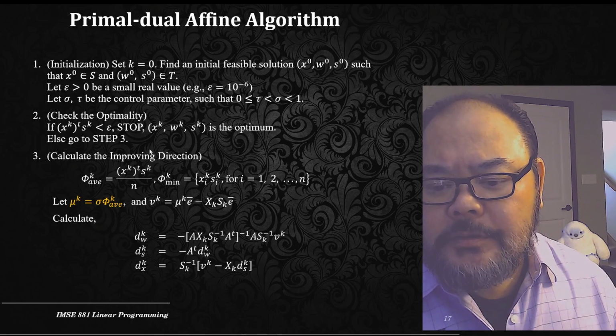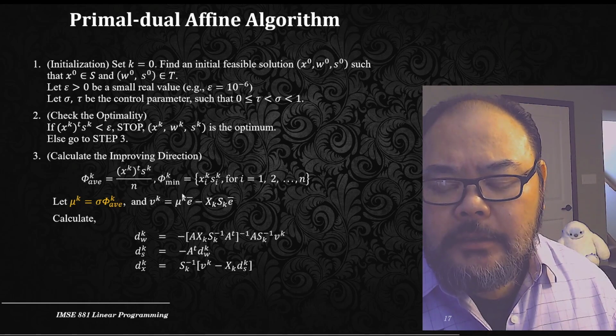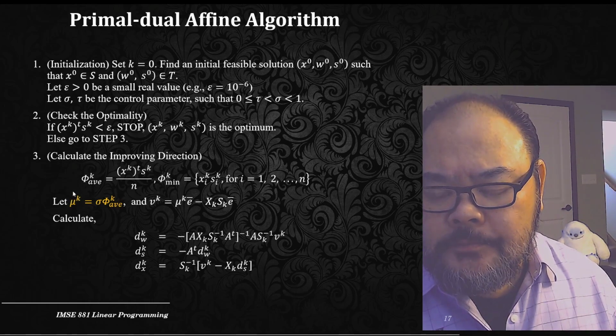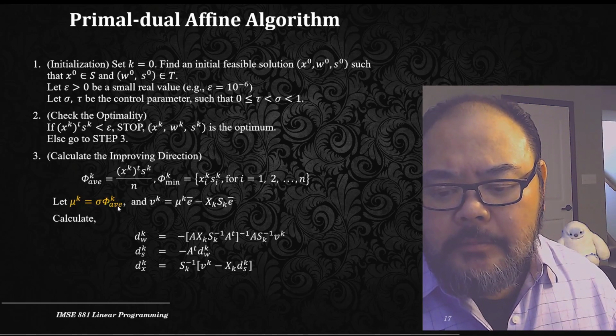The next step is calculating the average duality gap and the minimum duality gap. And we set the barrier parameter, or penalty parameter, mu k equal to sigma times the average duality gap.